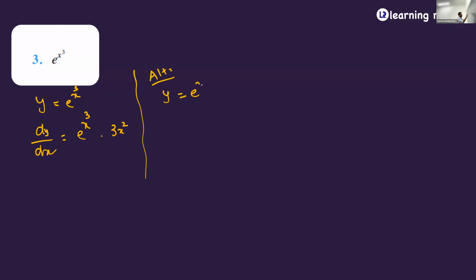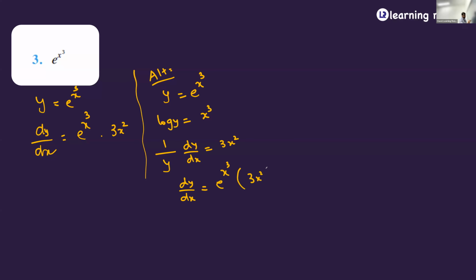So y is equal to e power x cube. Taking log on both sides, log y is equal to x cube. So 1 by y into dy by dx is equal to 3x square. So dy by dx will be equal to e power x cube into 3x square.